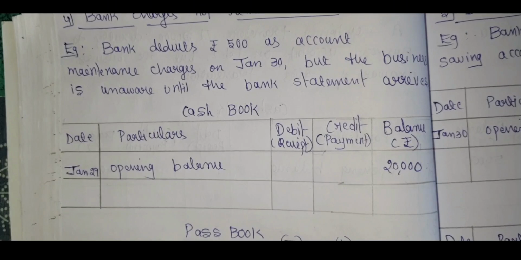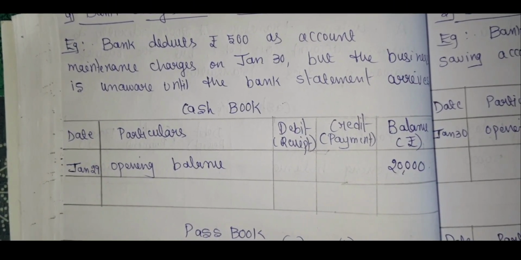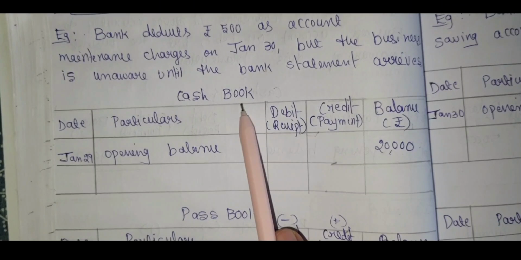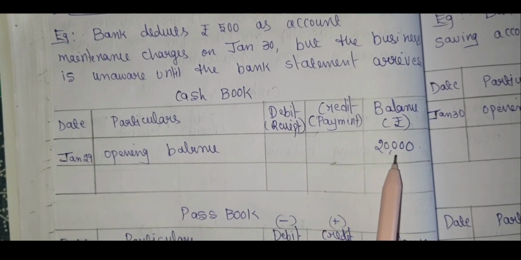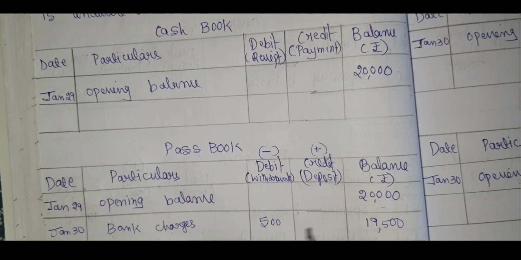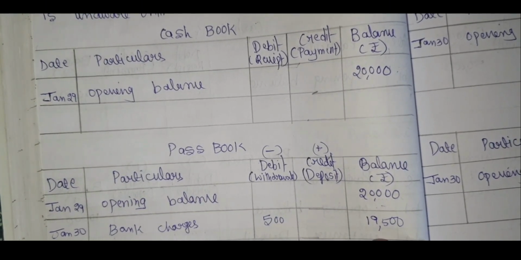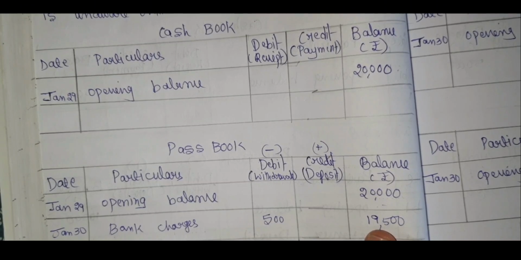Here now we have to make the comparisons. How do we make the comparisons? See, the cash book balance is increasing, that is rupees 20,000, but the passbook balance is decreasing, that is rupees 19,500.